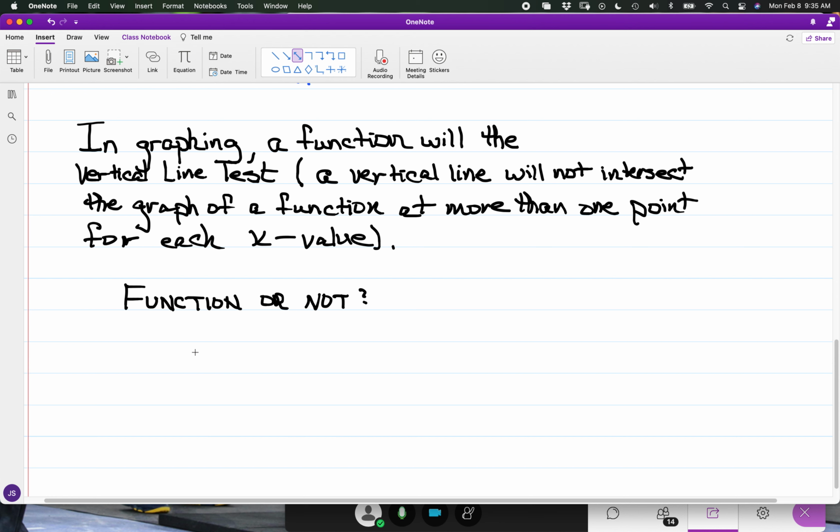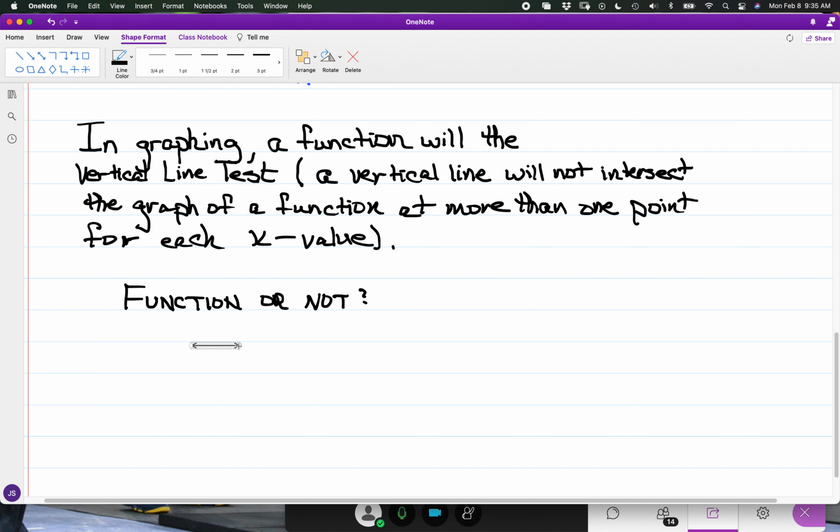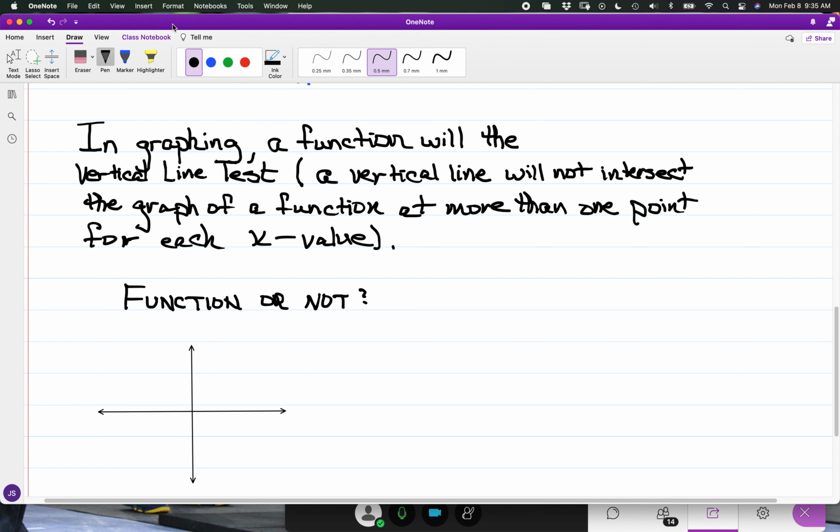Again utilizing the xy coordinate system, and doing a bit of a sketch, I'm going to bypass the number labeling. The x-axis is a horizontal number line, and the y-axis is the vertical number line.